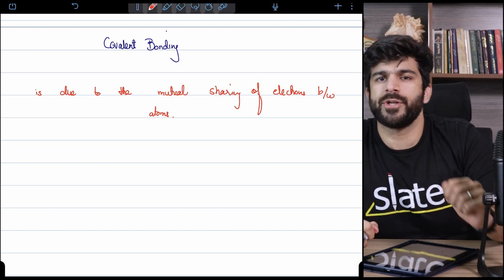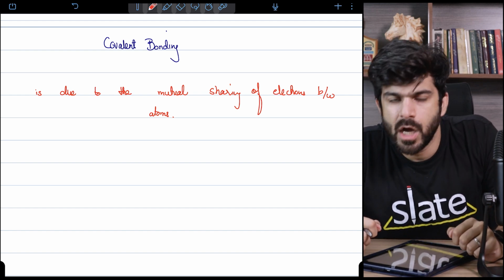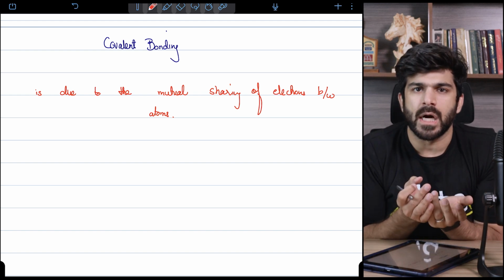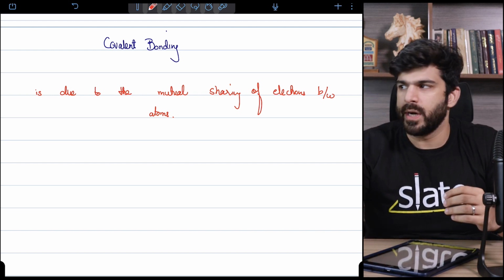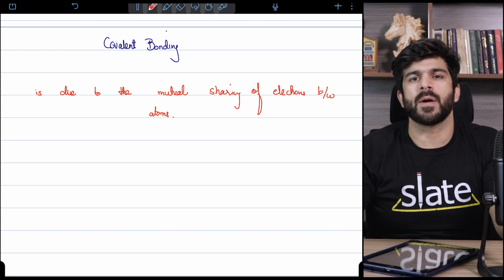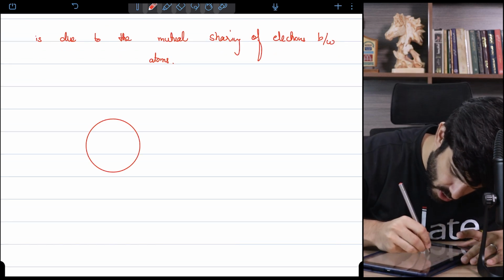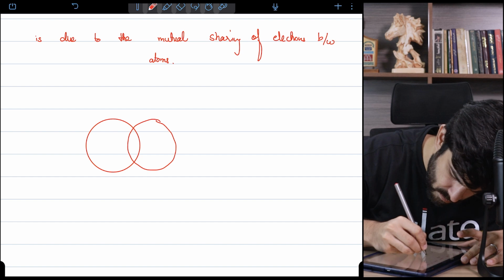By mutual sharing, we mean that if we are sharing an electron pair, like two electrons, one is coming from one side, the other from the other side. For instance, a chlorine molecule.